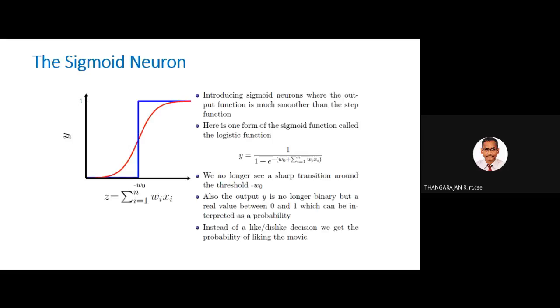Here it is 1, here it is 0, but at this point, when theta is equal to minus W0, I have a steep discontinuity. Whenever a function is discontinuous, you cannot do differentiation, and therefore the learning is not so smooth.